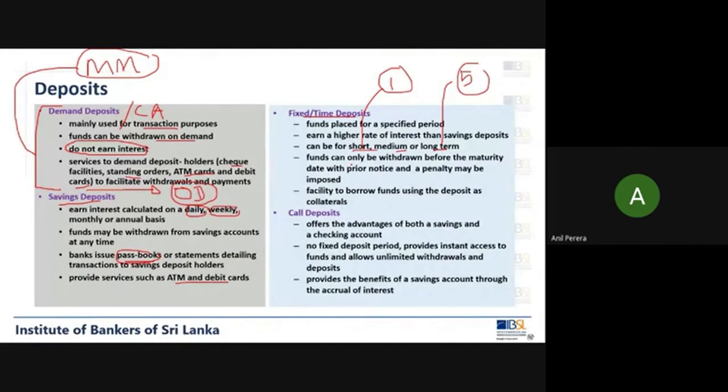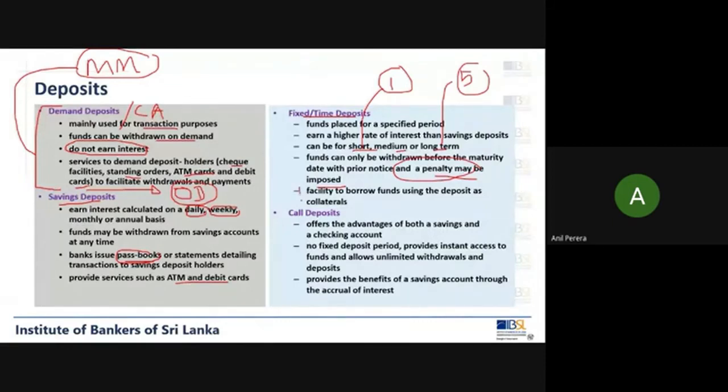But what happens if you prematurely withdraw the FD, prior to the agreed maturity date? You pay a penalty. Penalty means your FD rate is reduced to the savings rate mostly.